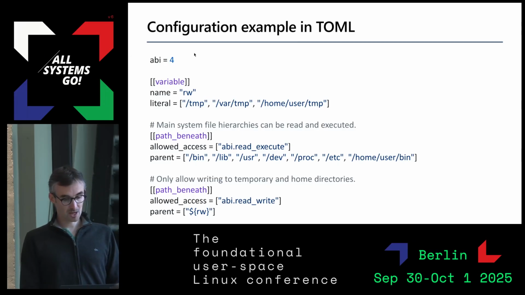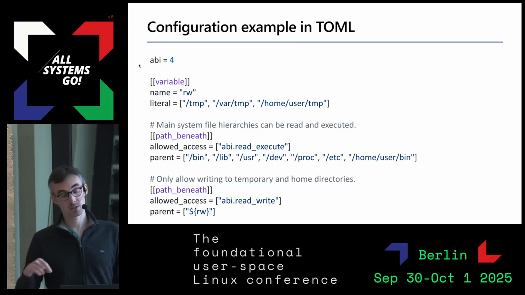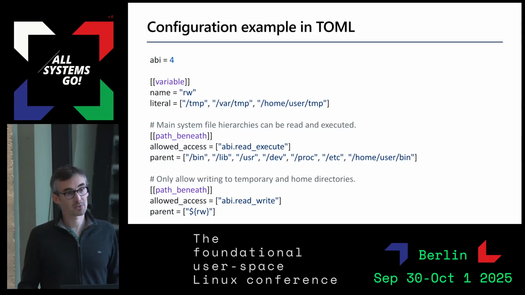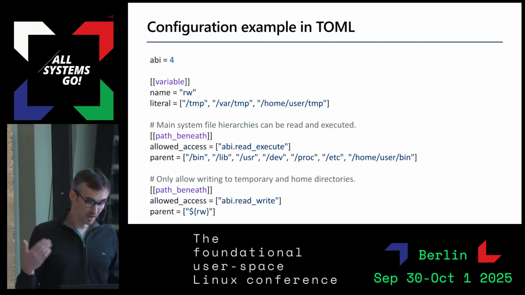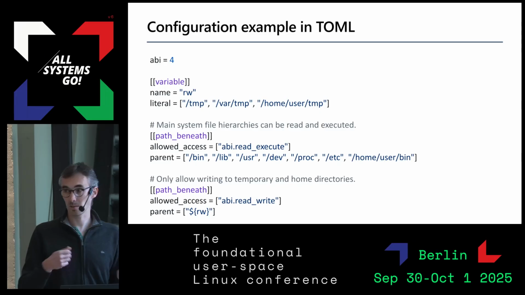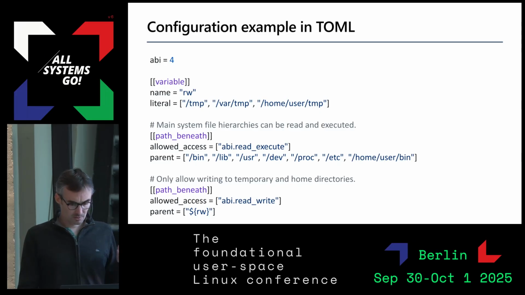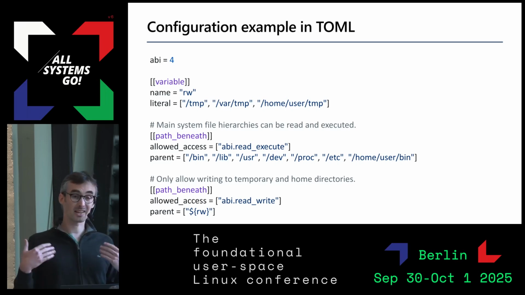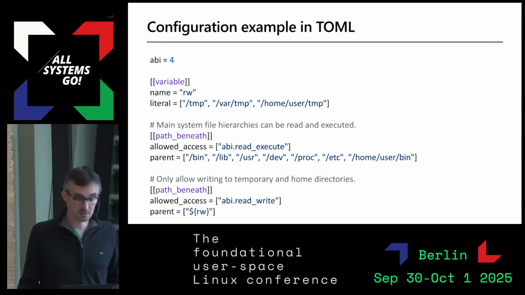So the idea with the ABI is to pin to a maximum set of known and well-tested access rights, to make sure that even if you use this configuration file with a newer kernel that supports a higher ABI level, in this case I'm talking about Landlock ABI, it will work and will ignore new features which were not tested. So if you want to support a newer kernel, just increment this ABI and test it with a new kernel, and then we can commit that it will work and get the guarantee that it will still work.